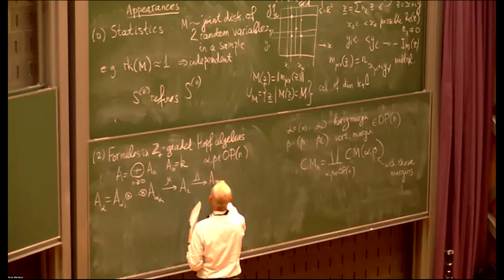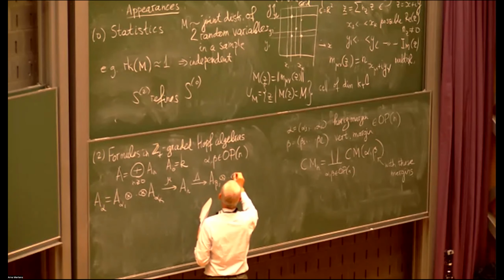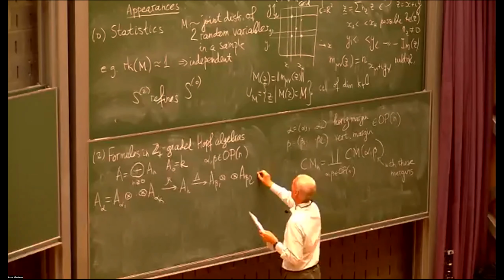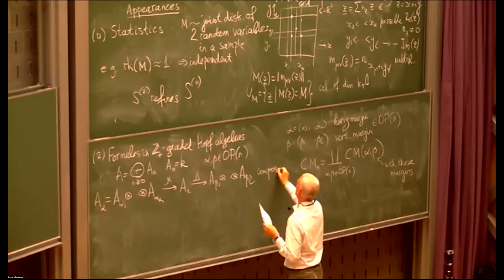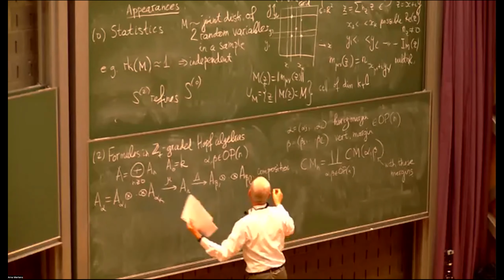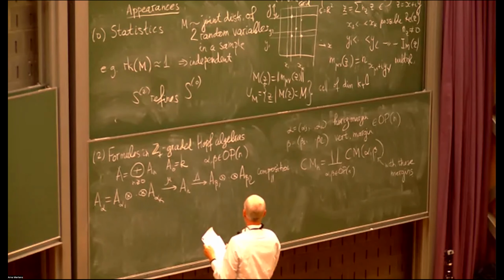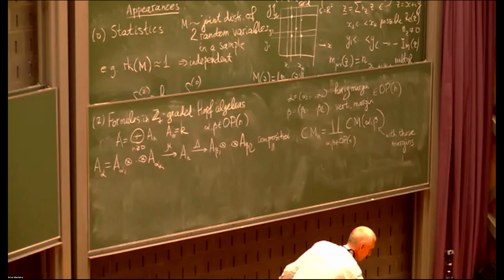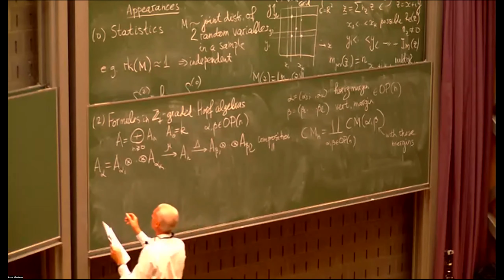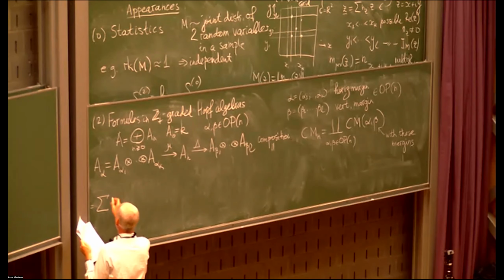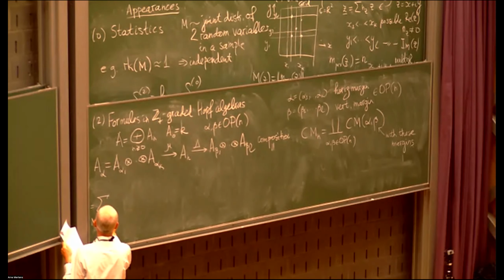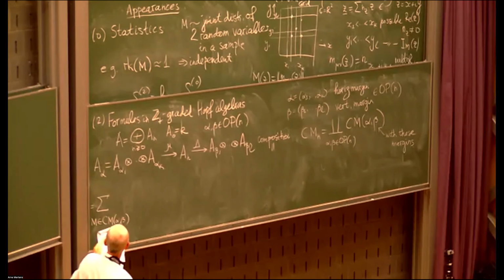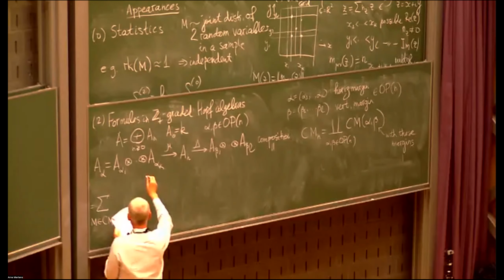A_beta1 tensor through A_betaL. So this map equals the sum over contingency matrices in Cm of alpha beta. I write this vertically.